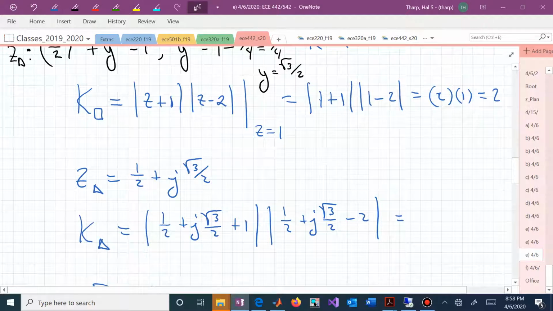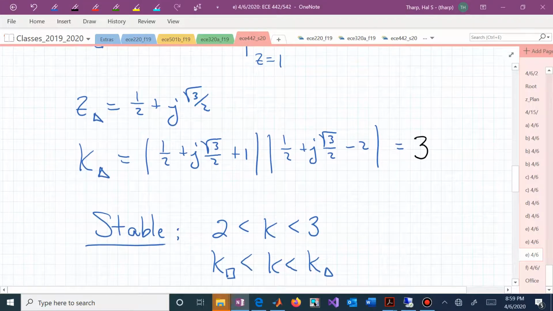We plug that in to our formula to compute the gain k. So we replace z in z plus 1 with 1/2 plus j square root of 3 over 2. We replace z in the expression z minus 2 with 1/2 plus j square root of 3 over 2 minus 2, and that now will give rise to an eventual gain k delta of 3.